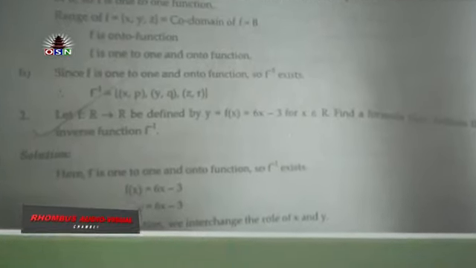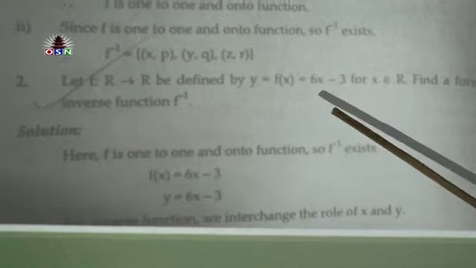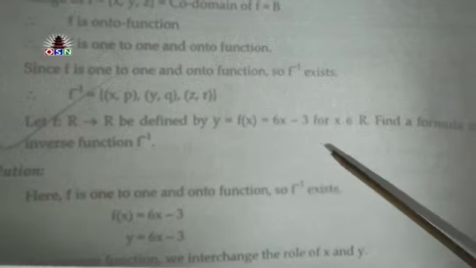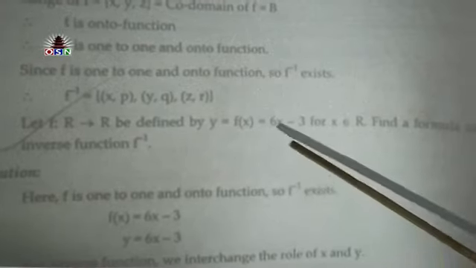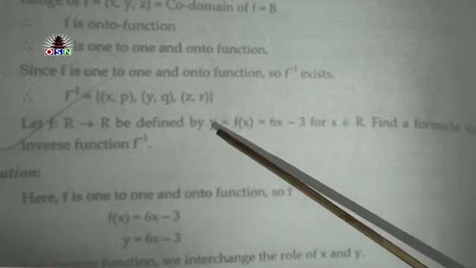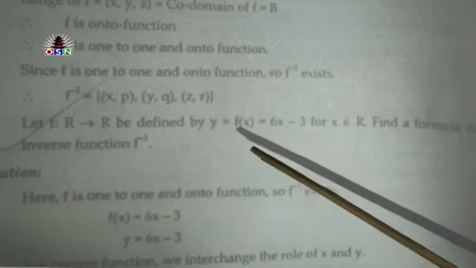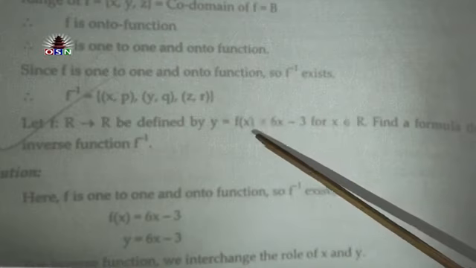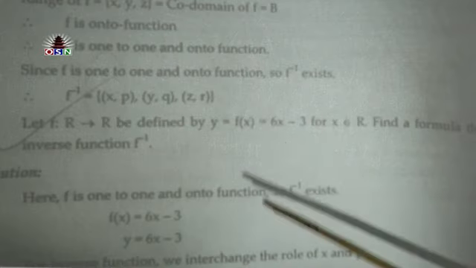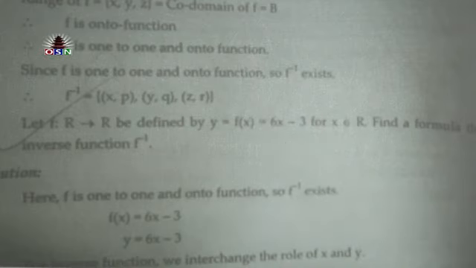I have already made it clear that a function can be defined by an equation, or a function can be represented by an equation. Function f, that is f(x) = 6x - 3. This equation defines a function where x is the input and y is the output. So x is the domain and y is the codomain.